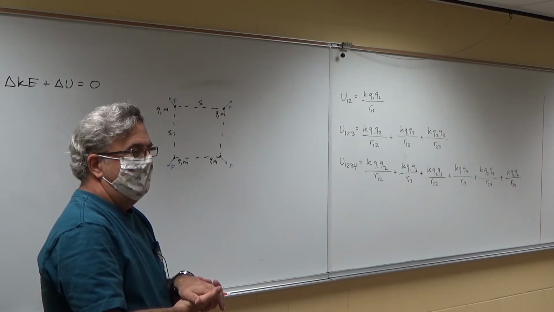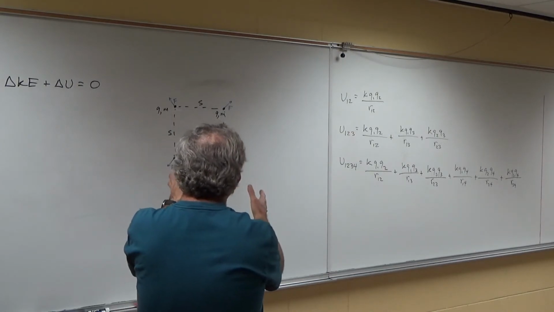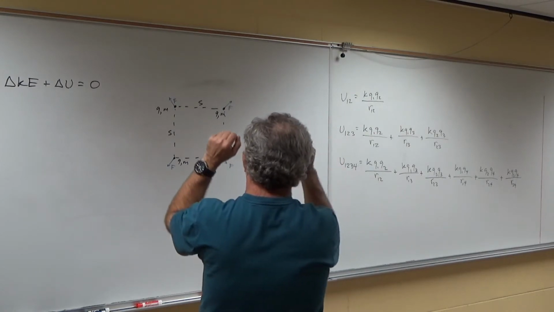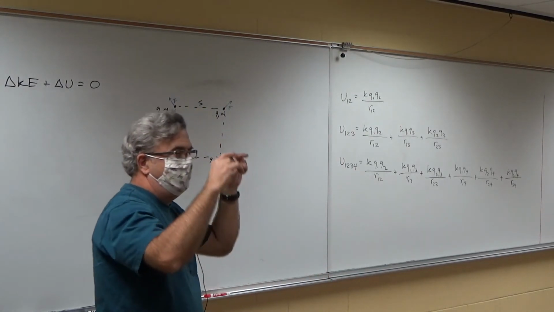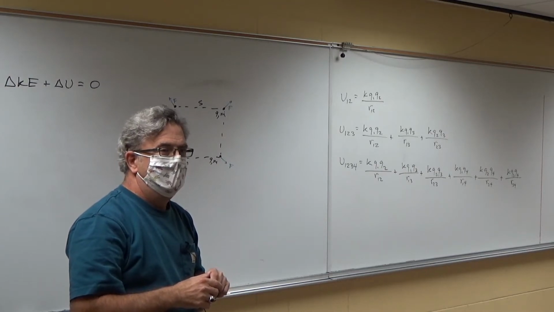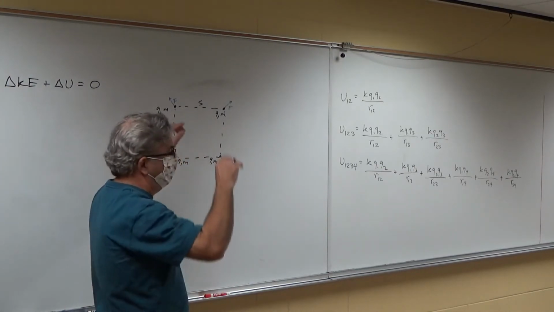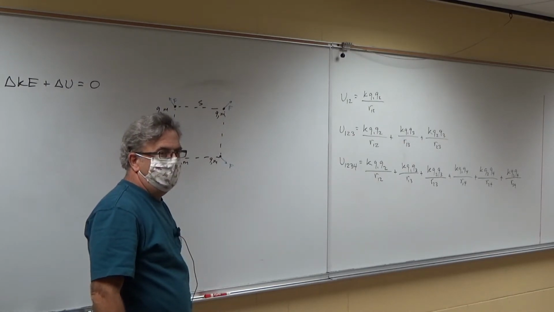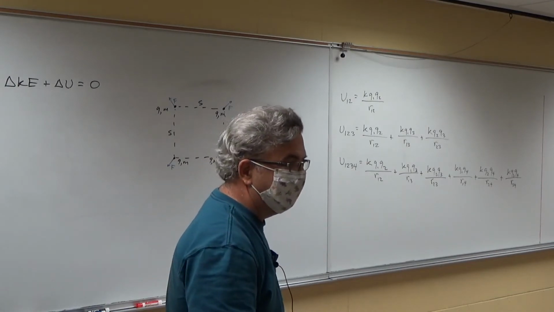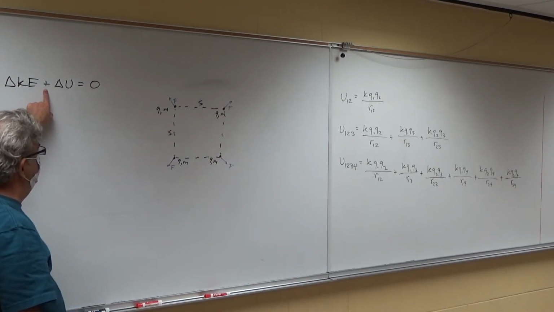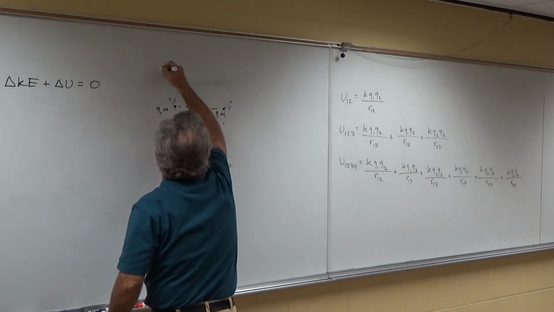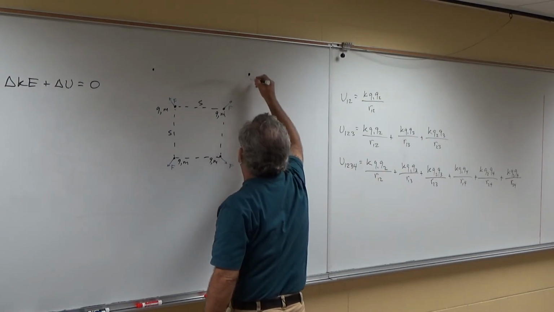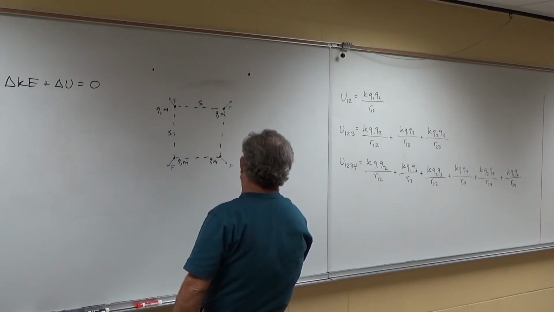Okay? Here's the question. We're going to release the charges, and I've got a really fast camera, and at the instant that the square doubles in size, meaning s becomes 2s, I want to calculate the velocity of the charges. Seems like a difficult problem, but this makes it pretty simple because they're out here. All right.